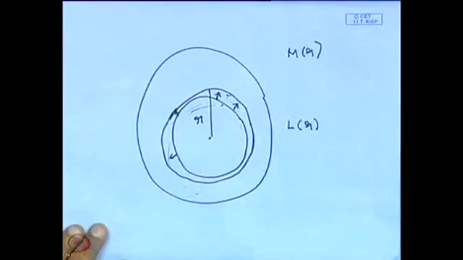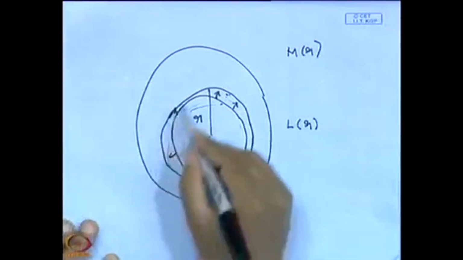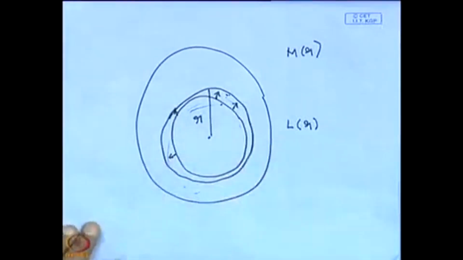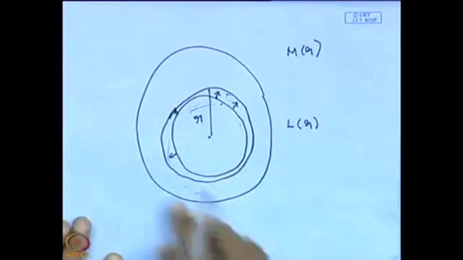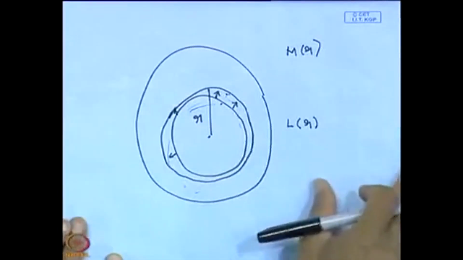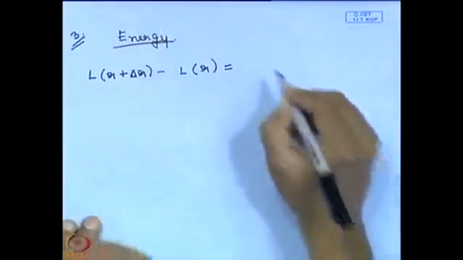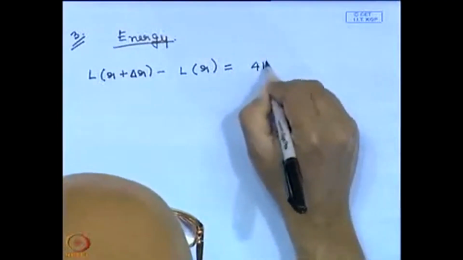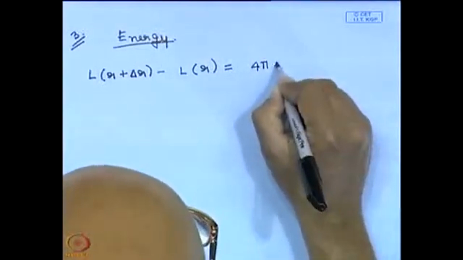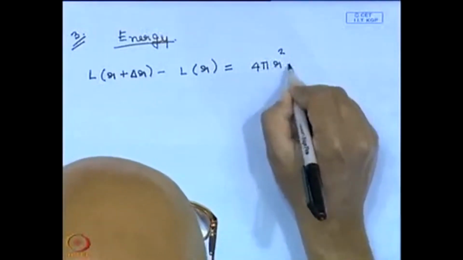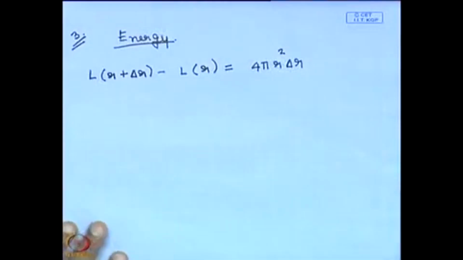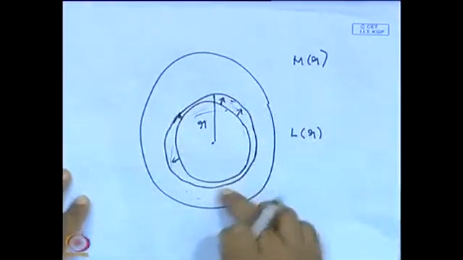Okay. And the energy that is generated in this shell, we write as the volume of this shell. So, the volume of this shell is 4 pi r squared into delta r, into the density, that will give you the mass inside this shell.